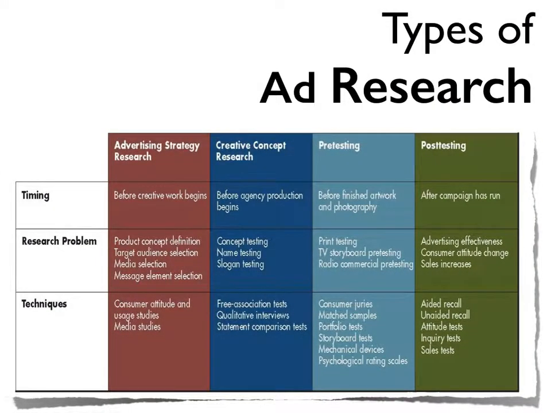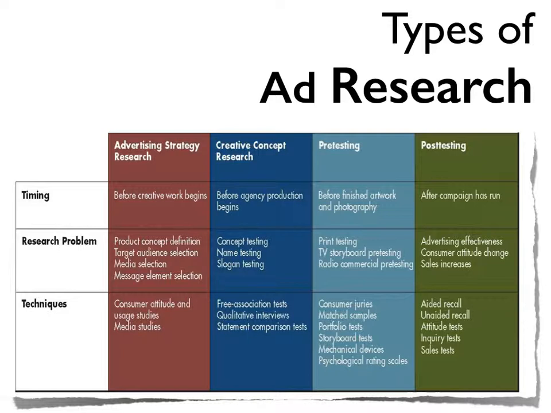So there are different types of research. This chart, which is from the book, is pretty clear. You do research beforehand. Then from that research, like we'll be doing, you'll produce a creative concept, a plan to do advertising, to create an ad or radio spot or whatever.